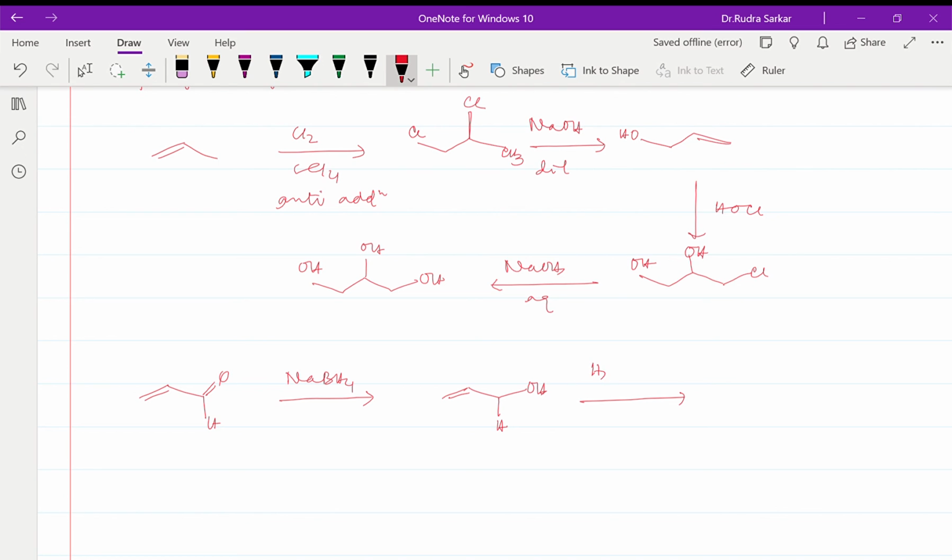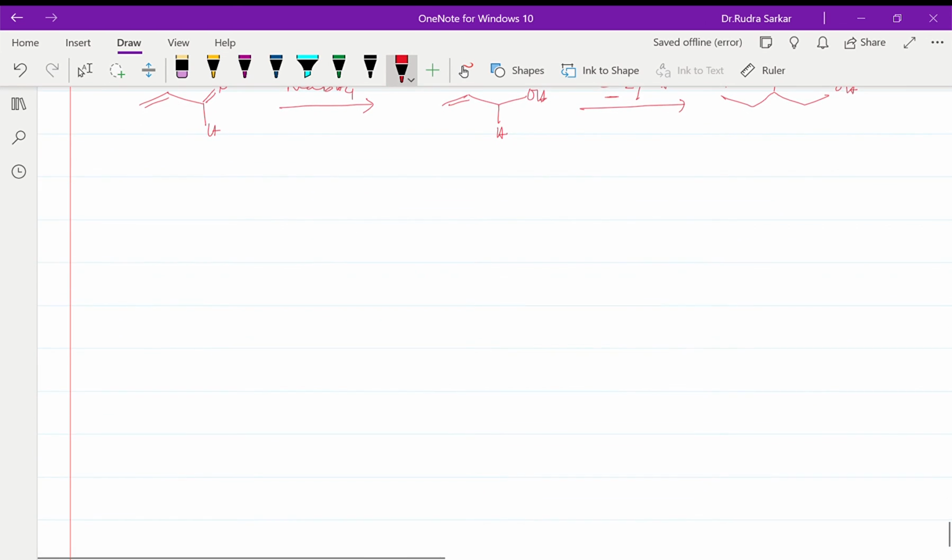Now you know if you use H2O2 or even MCPBA followed by aqueous acidic workup or alkaline workup, whatever you do, this will lead to the formation of an epoxide, after double bond removal. So basically again we are getting this type of alcohol. So these are called trihydric alcohols, or glycerol. So we are doing glycerol synthesis.